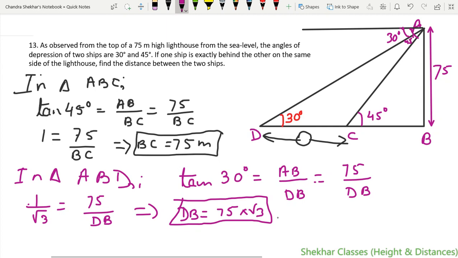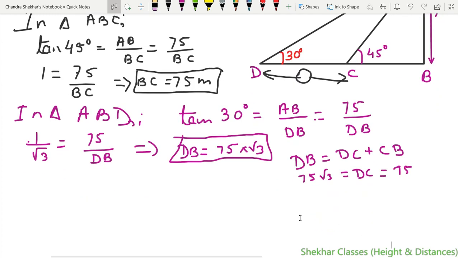So we have to find the length DC. We know that right here DB is equal to DC plus CB. DB is 75 root 3. DC is supposed to be calculated, and CB is equal to 75. So we can further solve.